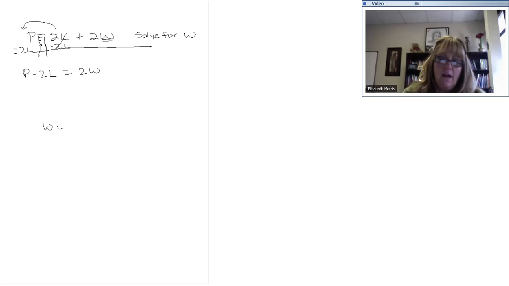All right, well, I need to solve for W, so I still need to get this W by itself. There's nothing else that needs to be added or subtracted, so now I can get rid of the 2, which is being multiplied, and divide it. But whatever I do to one side, I have to do to the other side. Now, 2 over 2 is 1, so that gives me my W. What does W equal? P minus 2L over 2. You've solved for W.